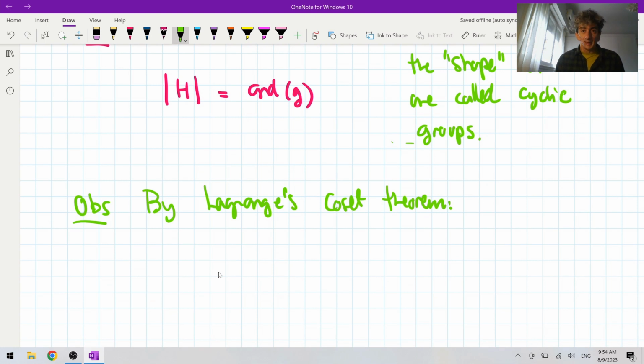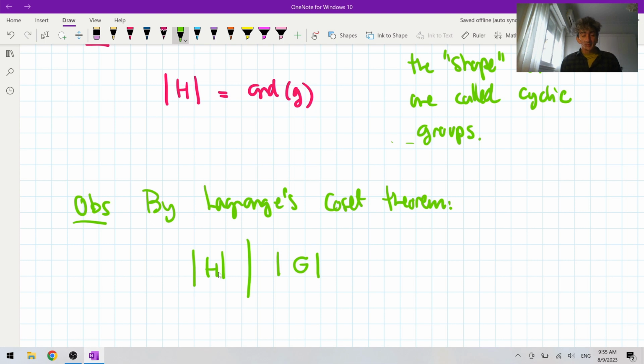The number of elements in H divides the number of elements of G. So not only does H have a finite number of elements, but the number of elements of H must divide the number of elements of its mother group G.